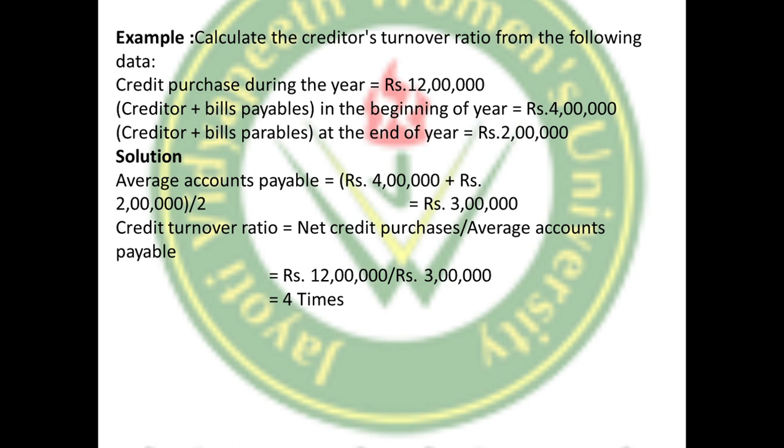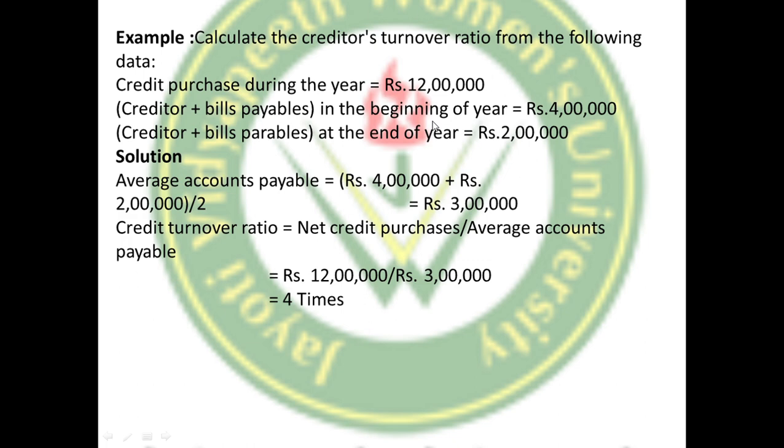To calculate creditor turnover ratio, we require two things: net credit purchase divided by average accounts payable. Net credit purchase is already given in the question, that is 12 lakh. So we will take this amount as it is. The next is average accounts payable. To calculate this, we just have to add these two amounts and divide by 2.